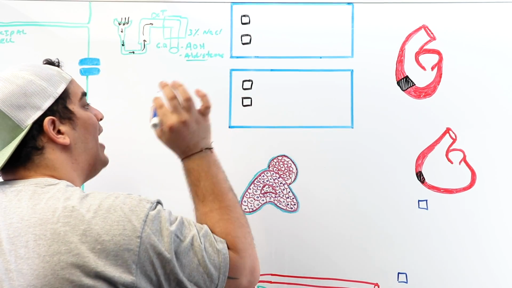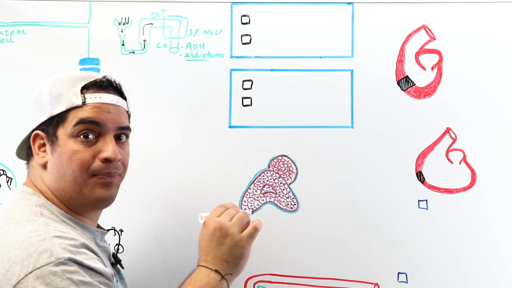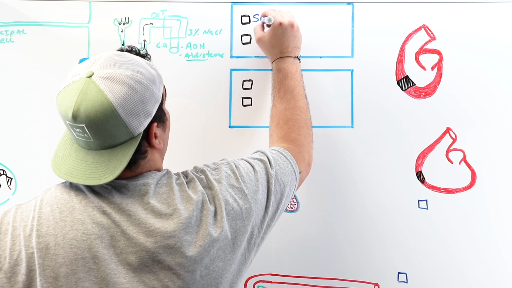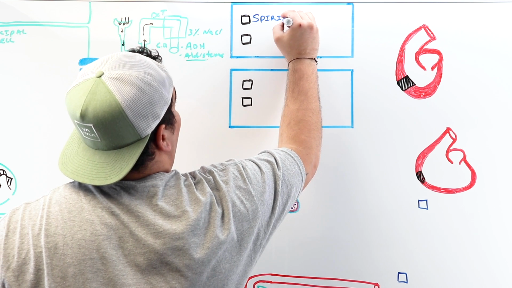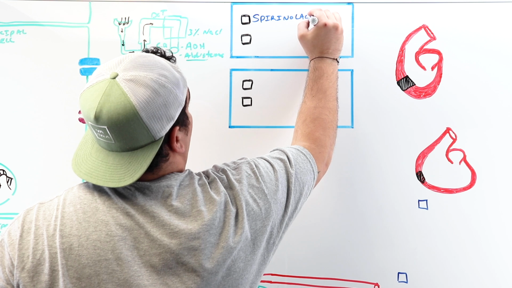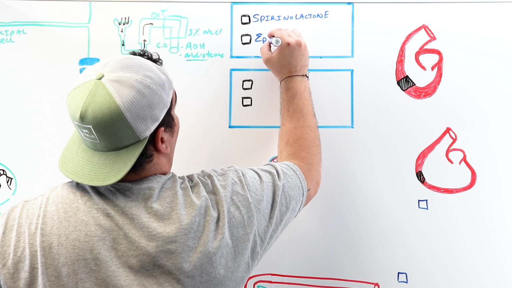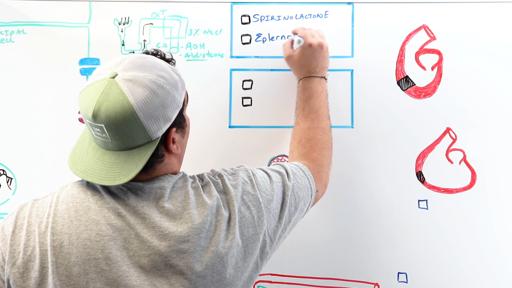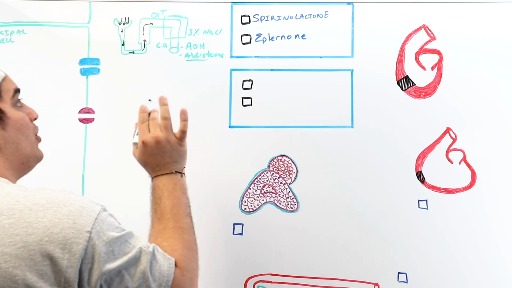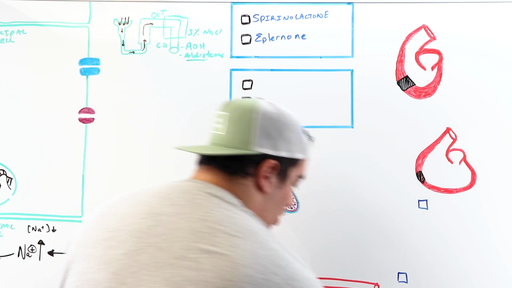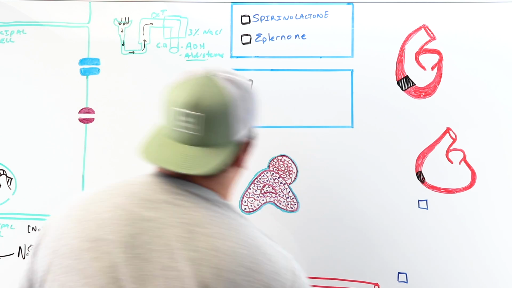So these are solely aldosterone blockers. One is called Spironolactone. And the other one is called Eplerenone. Now, again, I want you to remember these 2 drugs are aldosterone blockers.